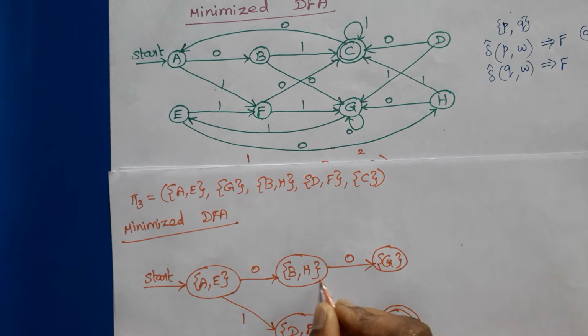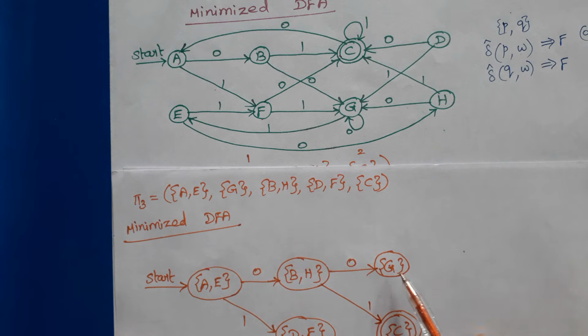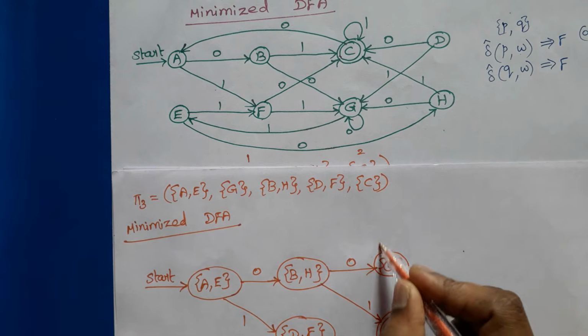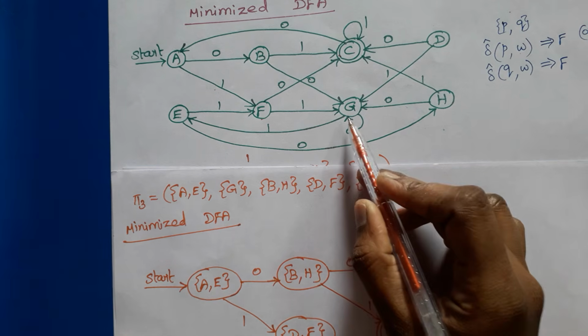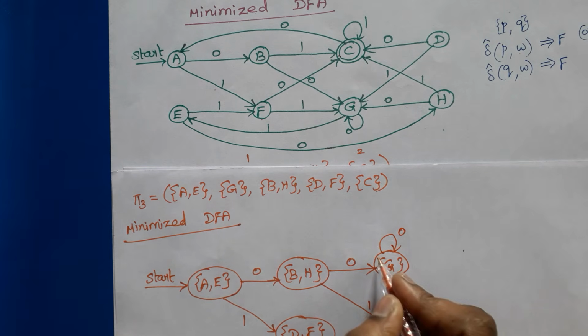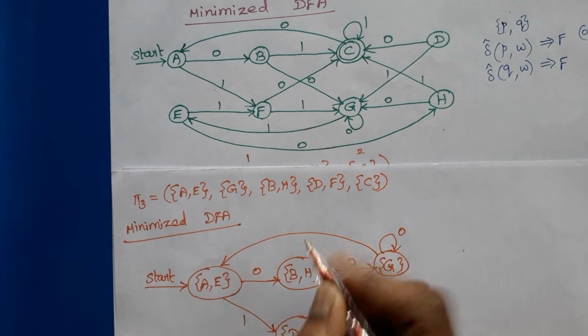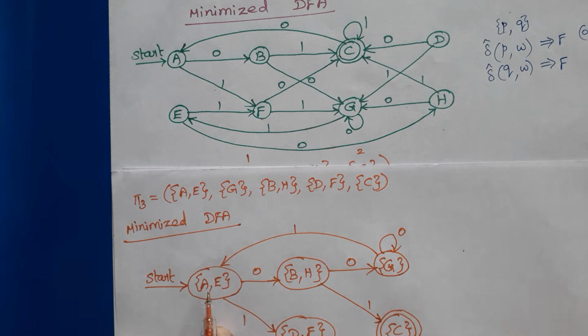Then from G, 0 goes to G itself, 1 goes to E. E means it should go to AE, because A and E are equivalent.